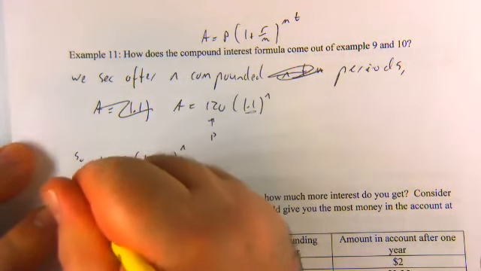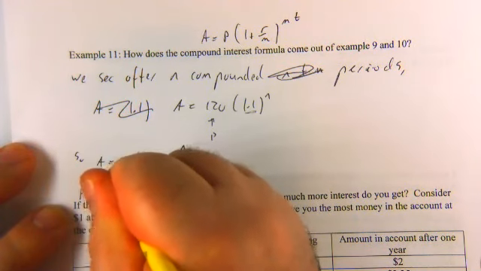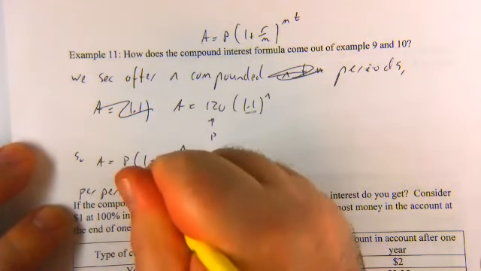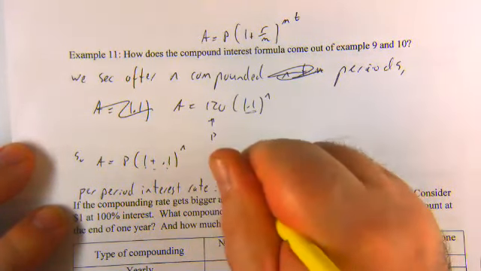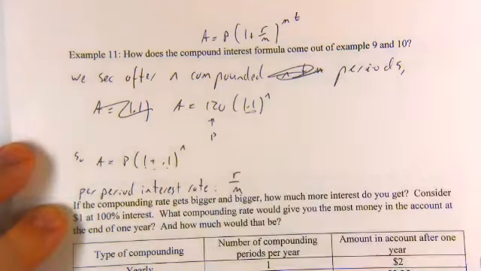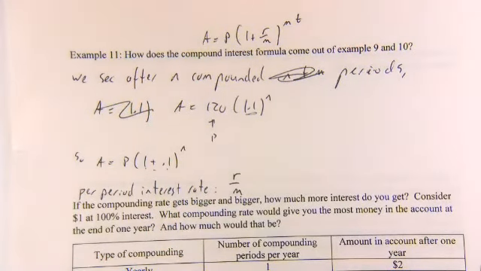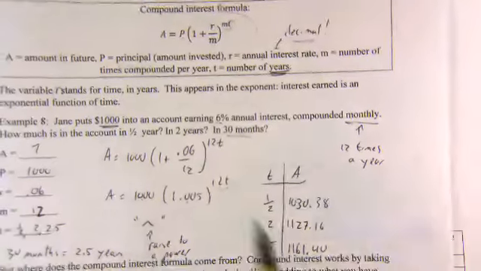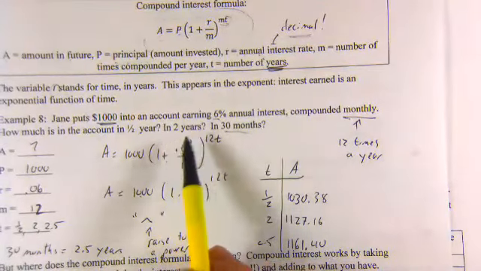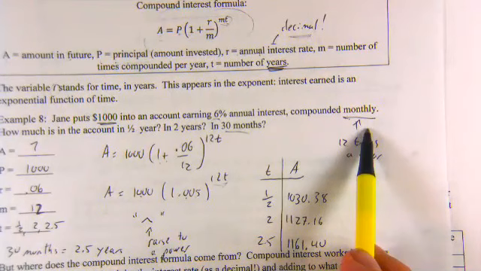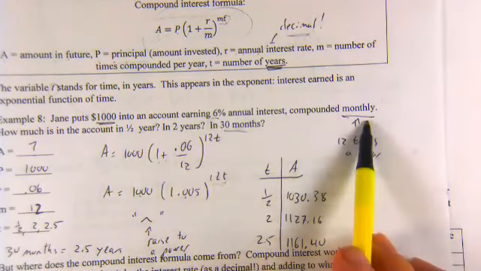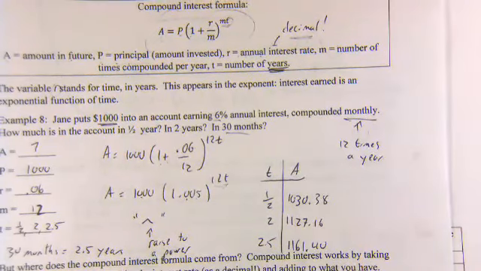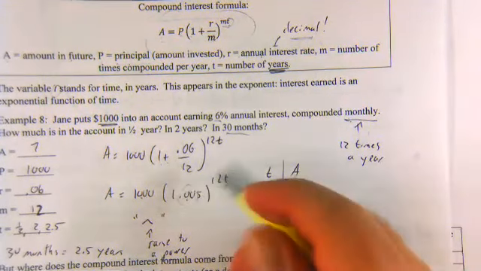The per period interest rate, how much interest you get each time period, is R over M. So if we go back to the previous example with Jane, she gets 6% interest compounded monthly. That means every month she gets 0.5% interest. So 6% interest spread over 12 months, 6 divided by 12 is half. So you get 0.5% each month, that's the 0.005.